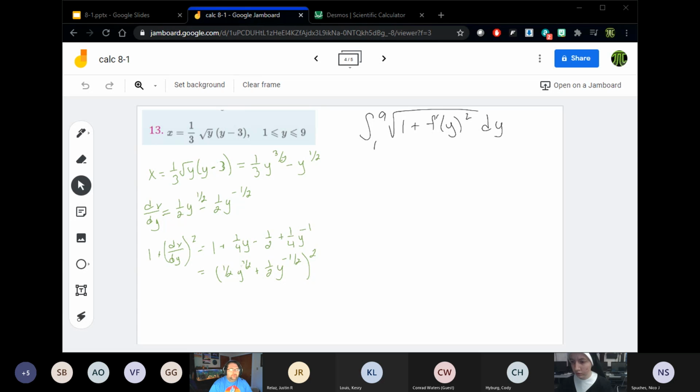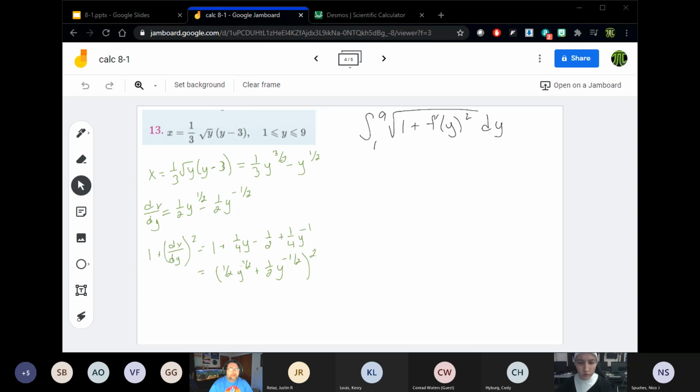So now we're going to go through and do the inside of the square root, clean it up. So we got 1 plus that squared. So we FOIL out the derivative that we just got there. We get 1 plus 1/4 y minus 1/2 plus 1/4 y to the negative first.